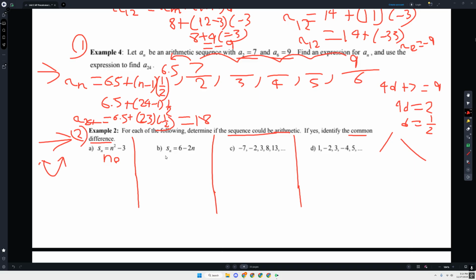And the next one is yes, and the common difference is -2 because it models a linear equation. 3 is a yes, and the common difference is 5 because it adds 5 each time. And finally, this would be a no because it goes from positive to negative. So this would be subtracting 3, but now you're adding 5, and then you're subtracting 7, adding 9, which isn't arithmetic.